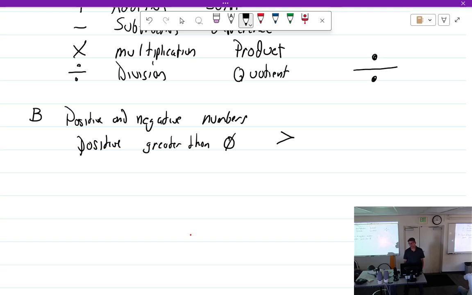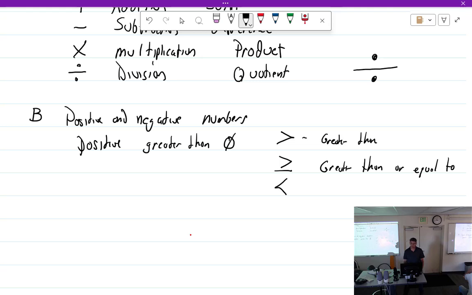Greater than, that means greater than. So positive numbers are greater than 0. This means greater than. That is greater than or equal to.